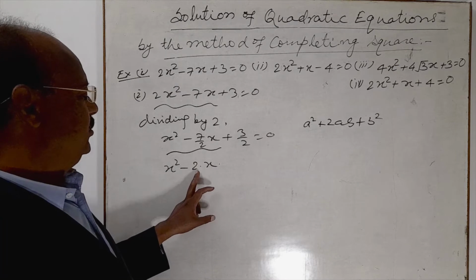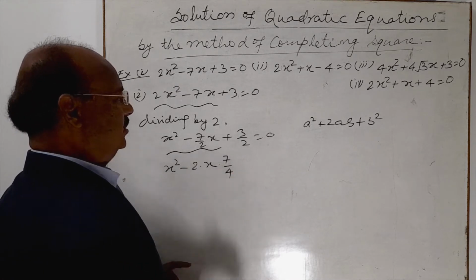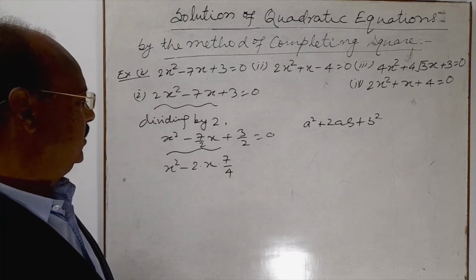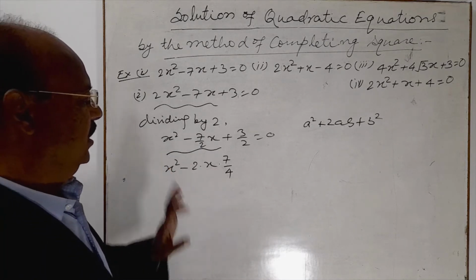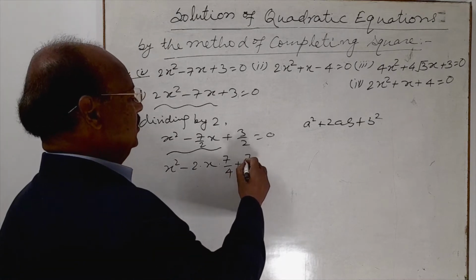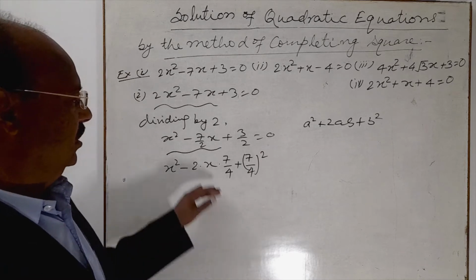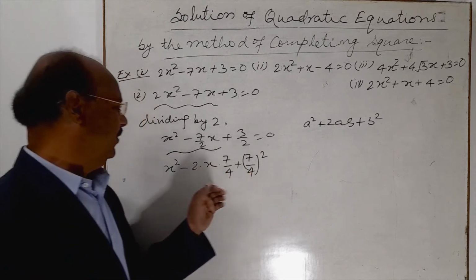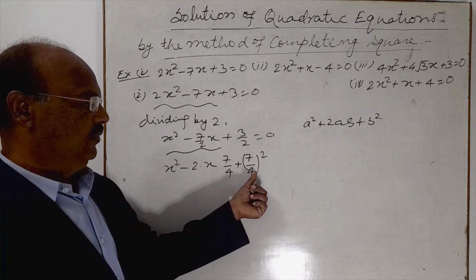We have already written 2 here, so we should write 7 by 4. Correct? So this is a square minus 2ab. The next term will be b square, so 7 by 4 whole square.